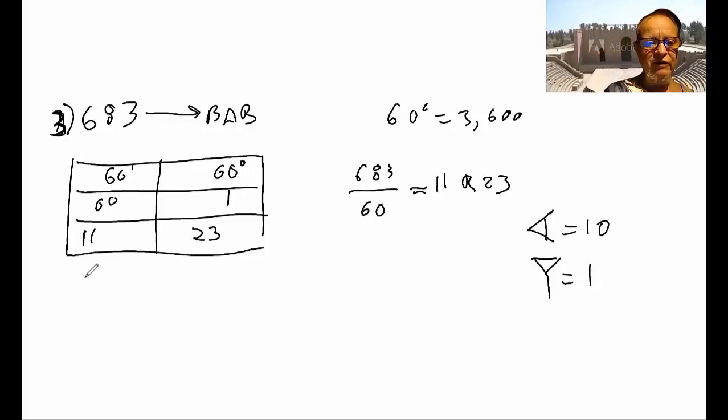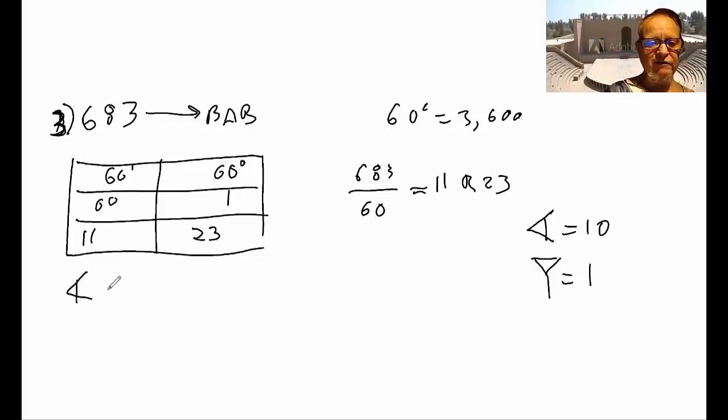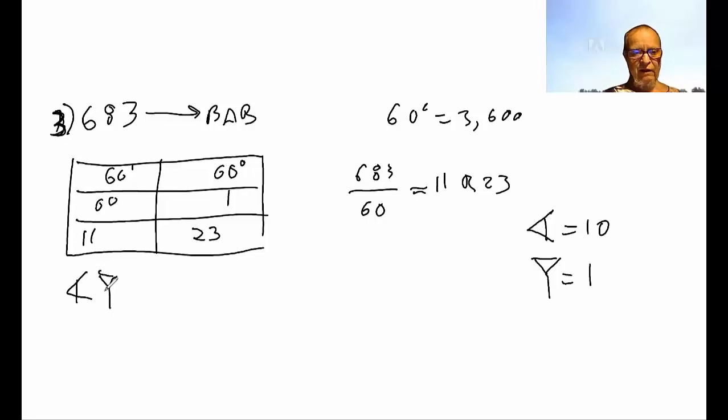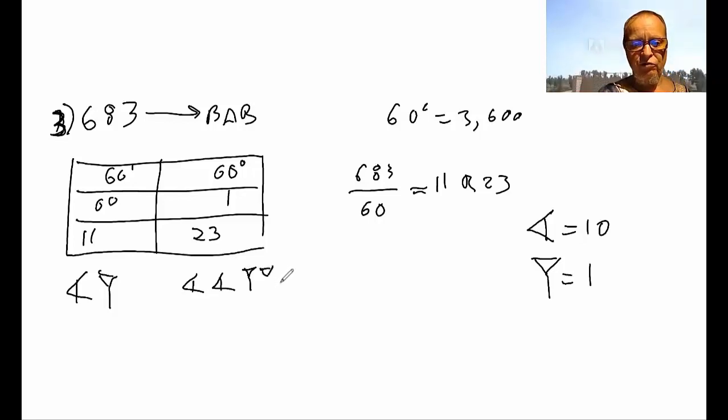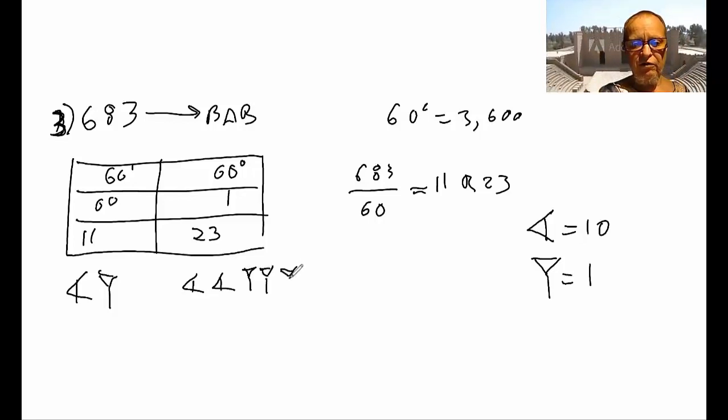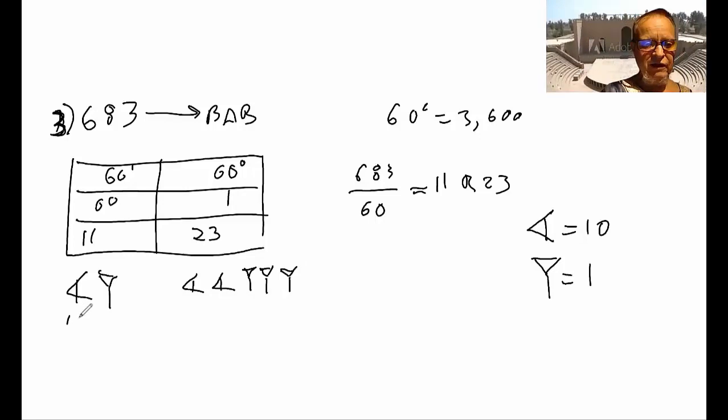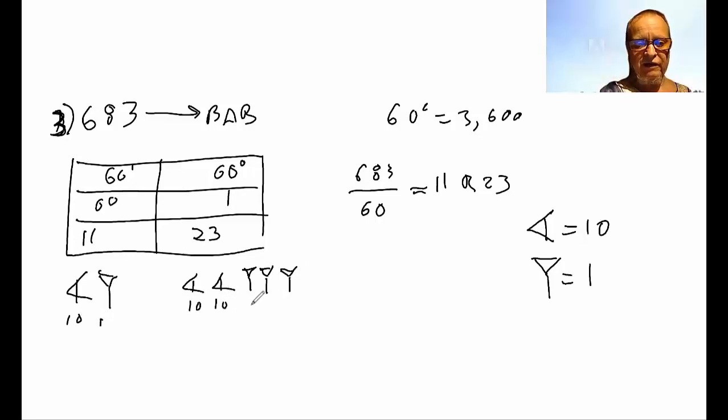So 11 is made of 1 10 and a 1. And then we leave a space, and 23 will be made of 2 10s and 1, 2, 3, 1s. So this is a 10, and this is a 1. This is a 10, a 10, a 1, 1, 1.